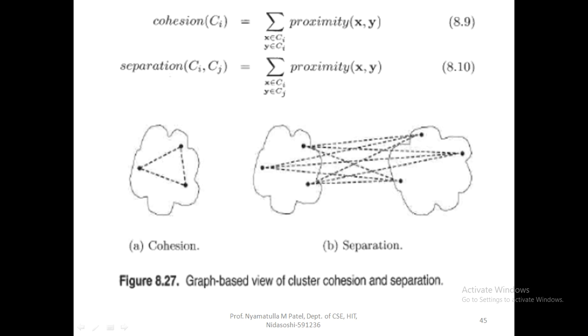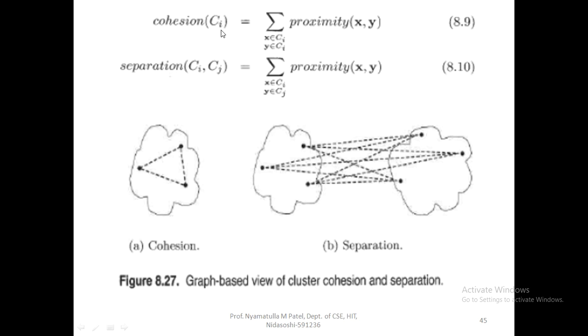So, what is the cohesion of a cluster Ci? Ci is any cluster. Cohesion of Ci is equal to the summation over x belongs to Ci and y belongs to Ci of the proximity of x comma y, and separation is between Ci and Cj, the separation between the two clusters.